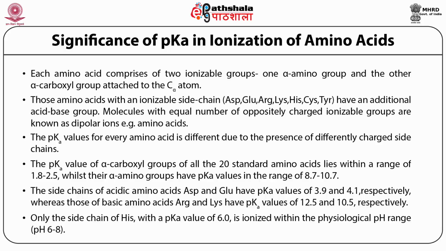Therefore, when you are talking about catalysis, the side chains of these amino acids are going to play a significant role, and this is the reason why: histidine has a pK close to physiological pH. Histidine is also known as a biological buffer, and it is a very important amino acid side chain involved in acid base catalysis.